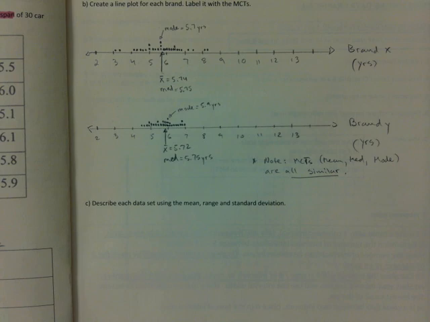So when you just look at the average, you say, hey, they both kind of seem to have the same average lifespan. So what's the big deal? Let's just take either one. It doesn't matter. Median doesn't really matter that much either, right?